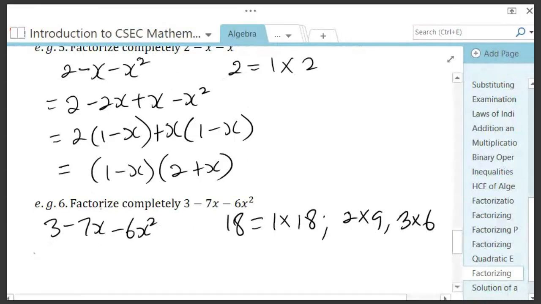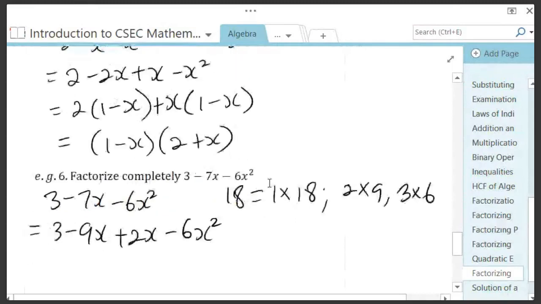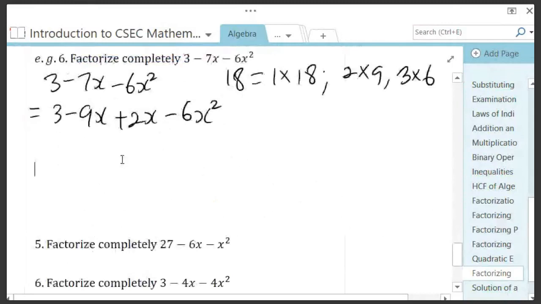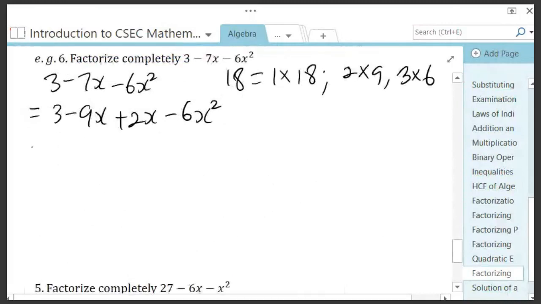So this is 3 minus 9x plus 2x minus 6x squared. So the HCF of the first two terms here is 3. 3 into 3, 1.